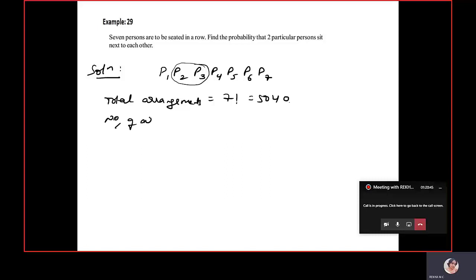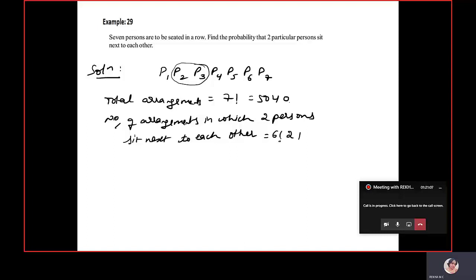So number of arrangements in which 2 persons sit next to each other, that is equal to 6 factorial into 2 factorial. So you should consider this as 1 unit.